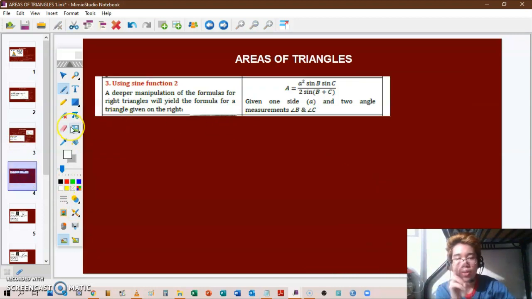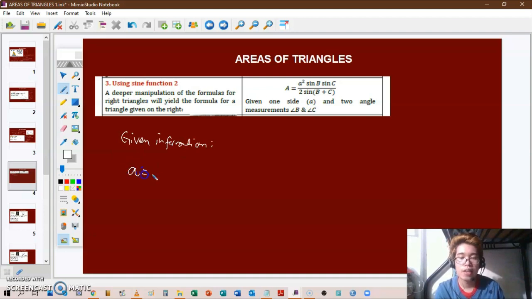So for the third one, we have another method for solving for the area of a triangle. This also uses the sine function, but for this one, we're only given one side. For the second formula, we're given 2 side measurements, but for this one, we're only given 1 side measurement.